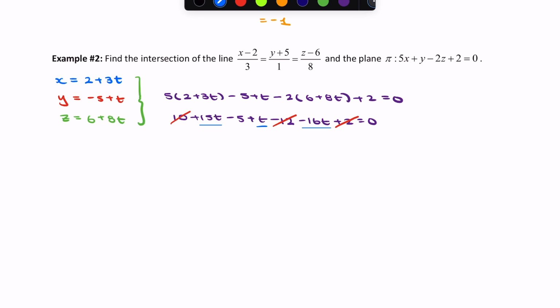What we see is we get 0t minus 5 is equal to 0. What that means is that there are no solutions for t, which therefore means no point of intersection.